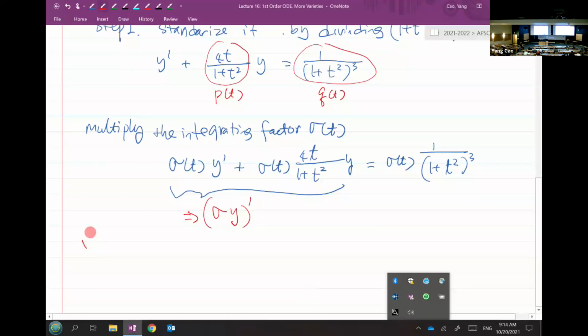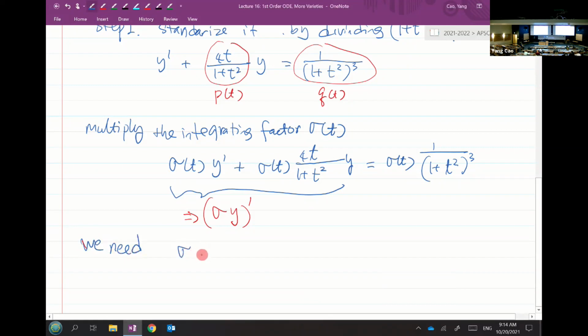So we need sigma prime, which is d sigma over dt, sigma is a function of t, equal to sigma of t times 4t over 1 plus t squared.